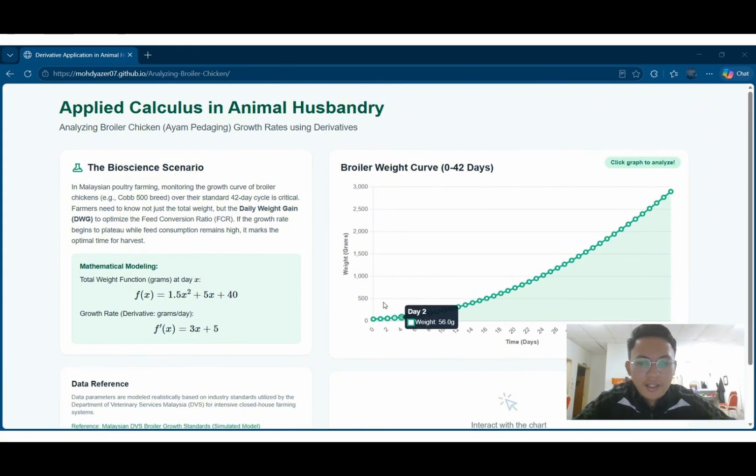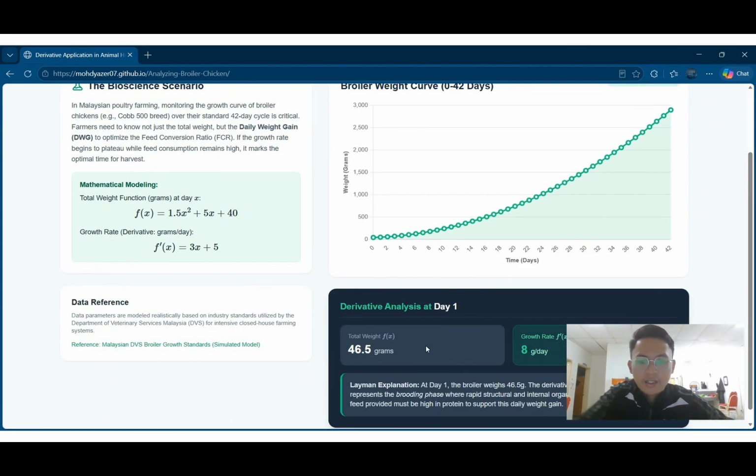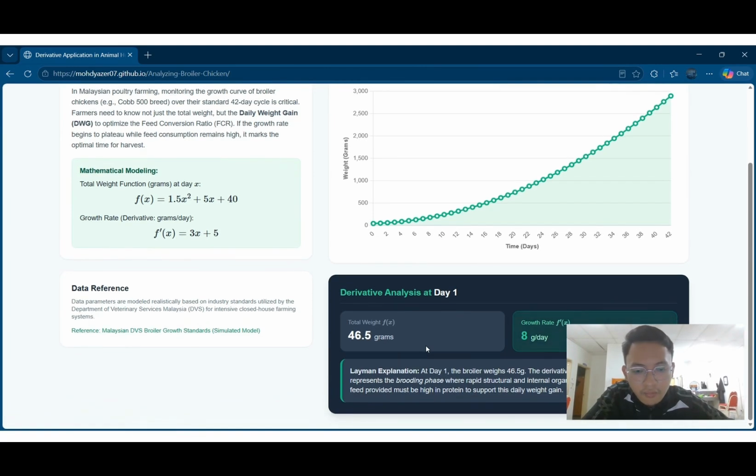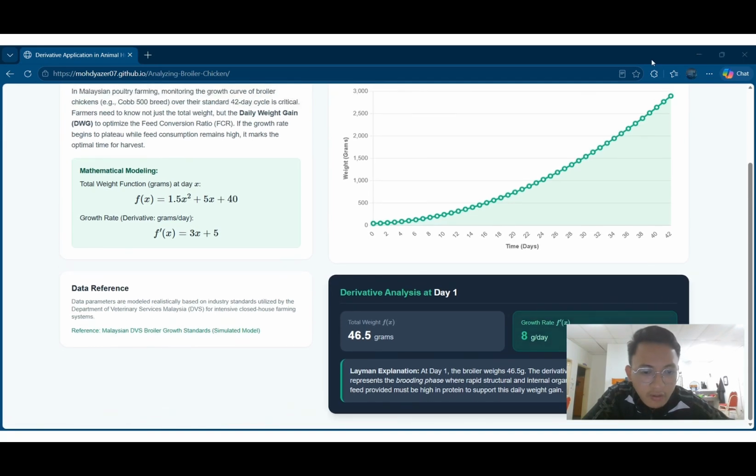For example, we take day 1. At day 1, the chicken weighs 46.5 grams and grows at 8 grams per day. As we can see in the layman explanation, at day 1, the broiler weighs 46.5 grams. The derivative is 8 grams per day.